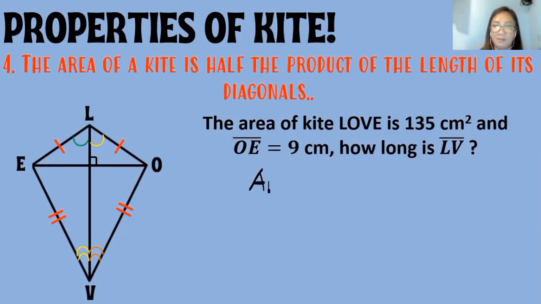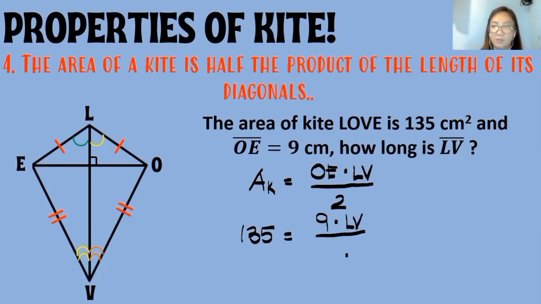Area of a kite is equal to the product of the two diagonals, which is OE and LV, divided by 2. Now let's substitute the given. The area of the kite is given by 135 and OE is 9. We do not know LV because we are looking for its value, then divided by 2.